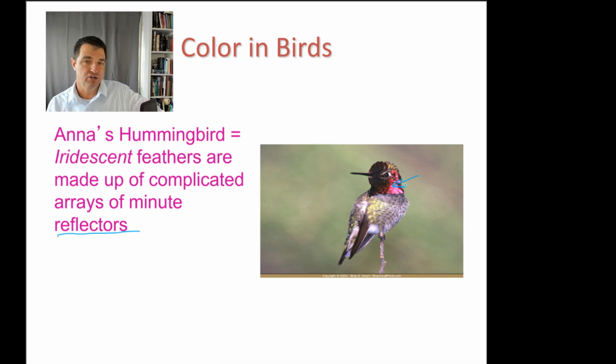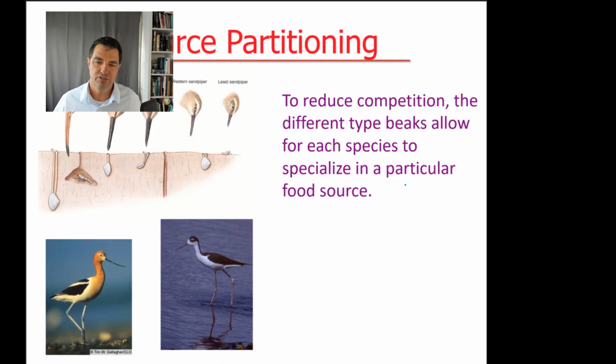When this bird turns, it'll look black in that same spot, because what it's doing instead is reflecting that bright, iridescent red color from the sunlight back onto your eye. It doesn't actually have a pigment that color, but instead it's the structure of the feather that allows it to reflect that color of light back onto your eye. So instead of a diet, these birds will stay that color despite the diet, because structurally the feathers are producing the color.